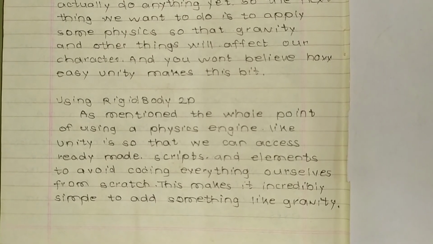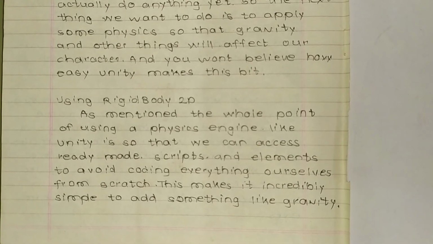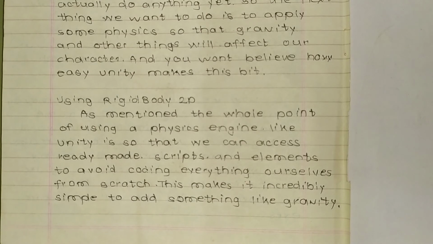As mentioned, the whole point of using a physics engine like Unity is so that we can access ready-made scripts and elements to avoid coding everything ourselves from scratch. This makes it incredibly simple to add something like gravity. With the help of Rigidbody 2D, we can add gravity without any coding.